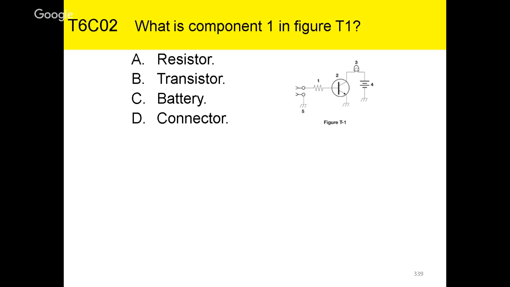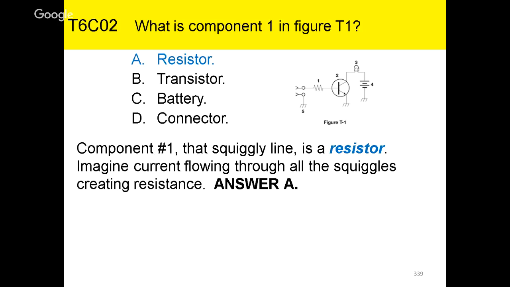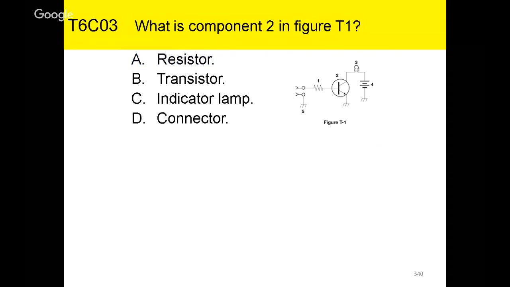If you have a zigzag line, it automatically indicates that you're not going to get from that point to the other end very quickly. Rather, it indicates there's a little bit of resistance there. So really, that is the symbol for a resistor. It's a squiggly line, and imagine current flowing through all the squiggles, creating resistance. So I hope that helps you remember what a resistor is.